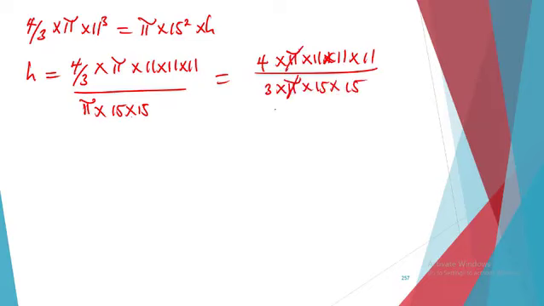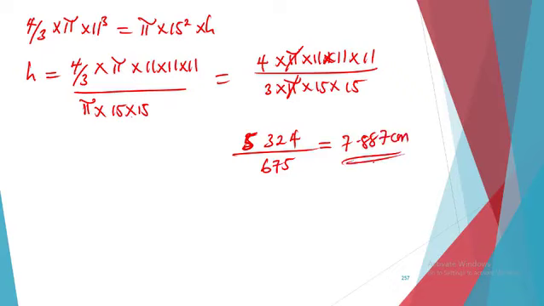So we have 4 times 11 times 11 times 11, and that will give us 5,324. Then 3 times 15 times 15 will give us 675, of which when you divide, you have 7.887 cm. Okay, and that's just the answer.